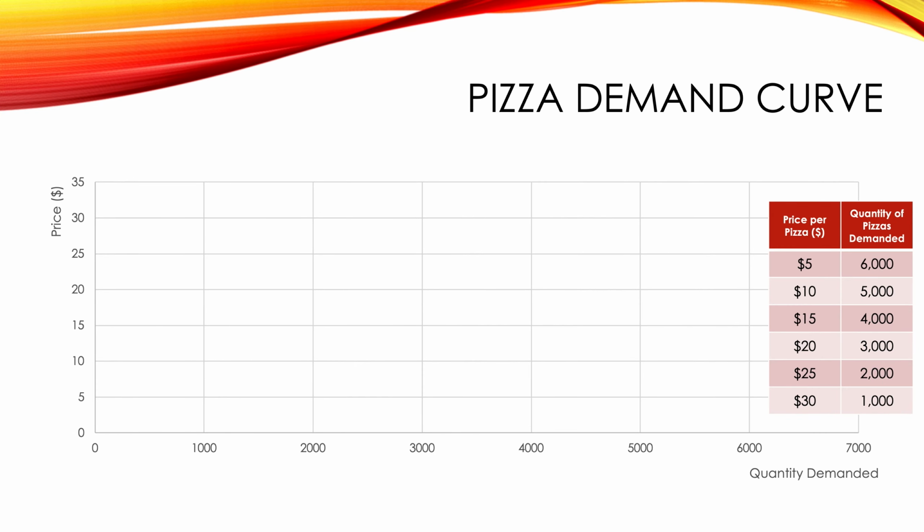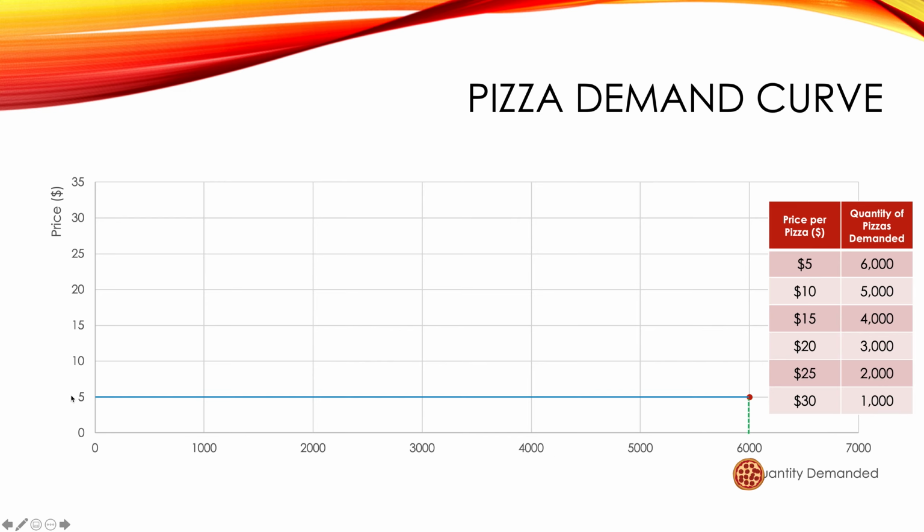So if this is the demand schedule for pizza, where price per pizza is the independent variable, and quantity of pizzas demanded is the dependent variable, we see as the price of pizza gets higher and higher, the quantity demanded of pizza goes down and down. So for instance, we put price on the y-axis, even though it's the independent variable, and we put quantity demanded on the x.